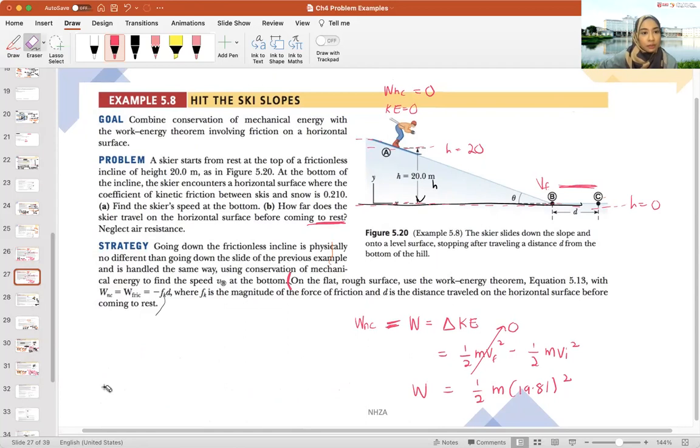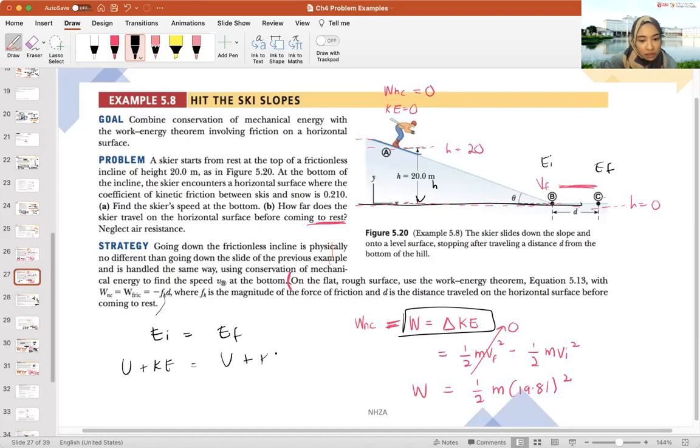Okay, so remember that I told you the work energy theorem is actually from E_i equals E_f. Still don't believe it? So E_i equals E_f. In this case, this is our E_i where we started, the initial energy, and this is our E_f. Our E_i and E_f are U plus KE, equal to U plus KE, right?